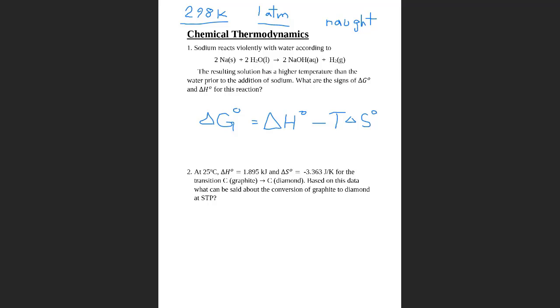You were able to figure it out, but suppose we don't know the sign of delta G. What we normally do is determine the sign of the first term, then the sign of the second term, and then do the qualitative math, subtraction or addition, to determine the sign of the Gibbs free energy change.